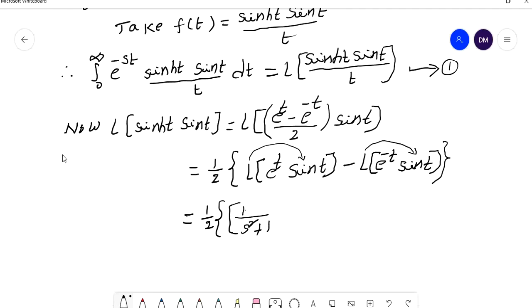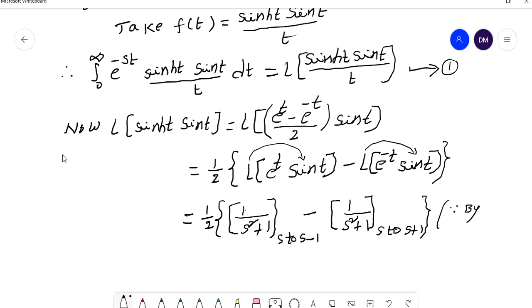Here I change s to s minus 1, minus, and here also L of sin t is 1 by s square plus 1, and here we change s to s plus 1, by using the first shifting property, or first shifting theorem.